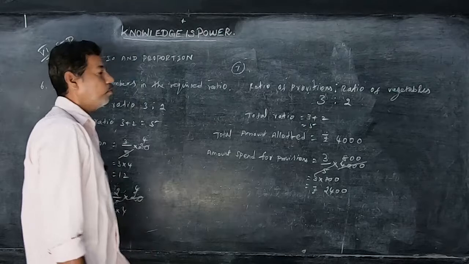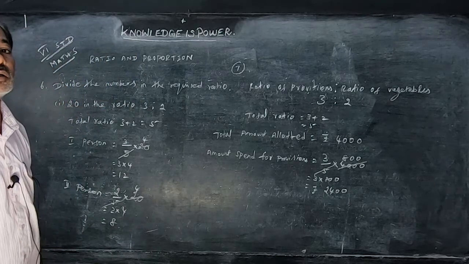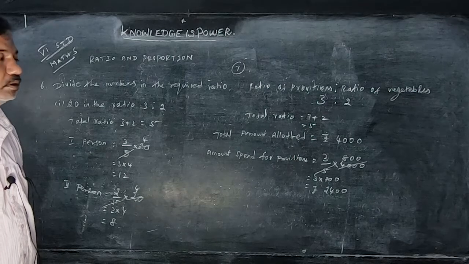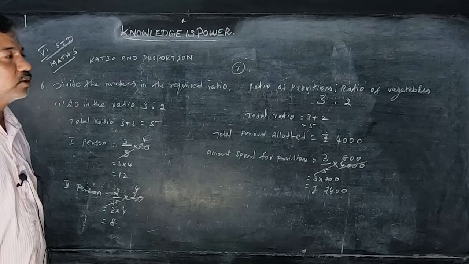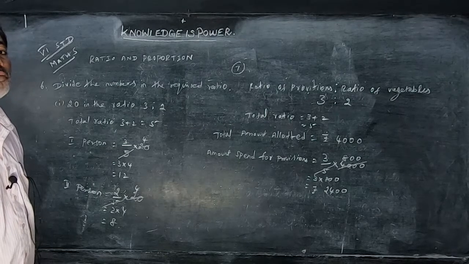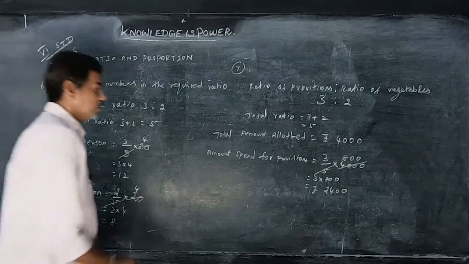So out of 4000, 2400 rupees was spent for provisions. If we subtract this, the remainder goes to vegetables. So 4000 minus 2400 equals 1600.